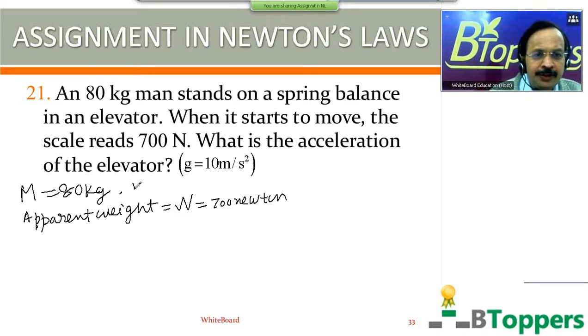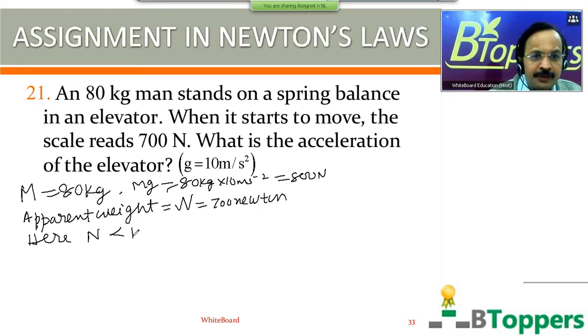So the true weight mg is equal to 80 kg times 10 meters per second squared, or 800 newtons. We can observe that the apparent weight of the body in this case is less than the true weight mg.